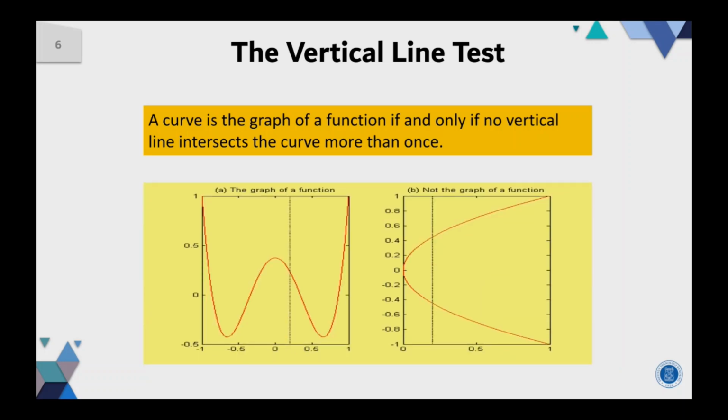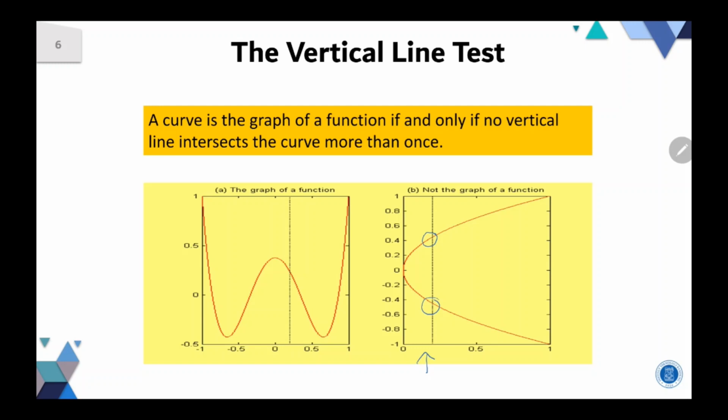If you see the figure on the right, if we take vertical lines here, you can see there are two intersections. That means for one value of x, there are two values of y, right? So in that case, this is not a graph of a function, because one value of x has two values of y.